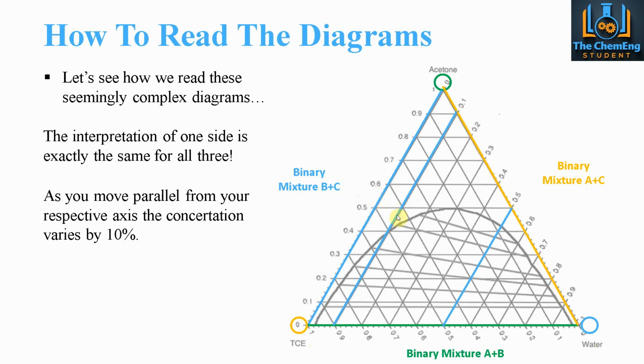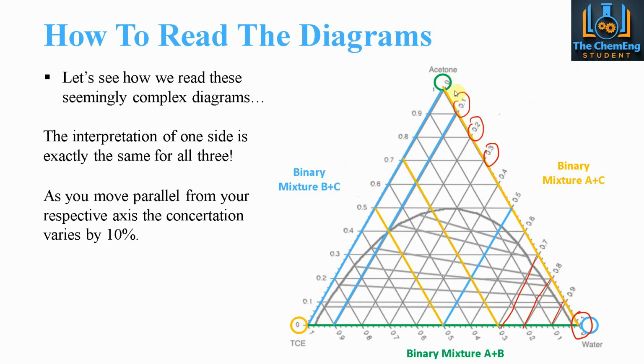As we move further and further towards the water, our concentration increases by 10%. So that's on this axis. Here, at this point, we have 100% water. As we move on these diagonal lines, because remember it has to match this slope, it moves and gets closer to 0. Now that's echoed throughout.